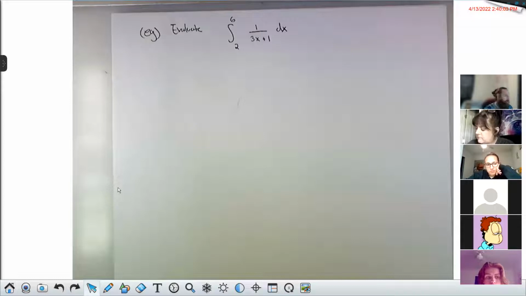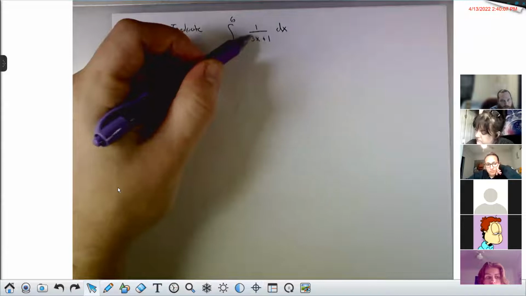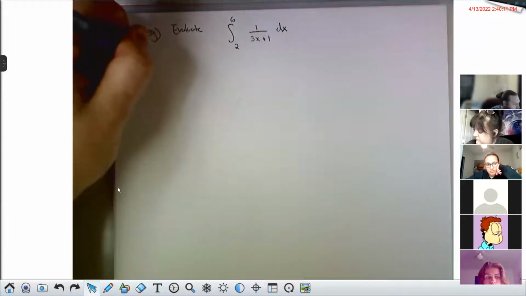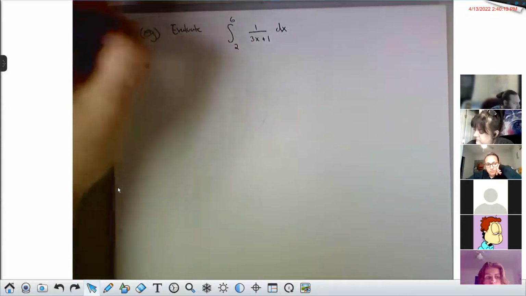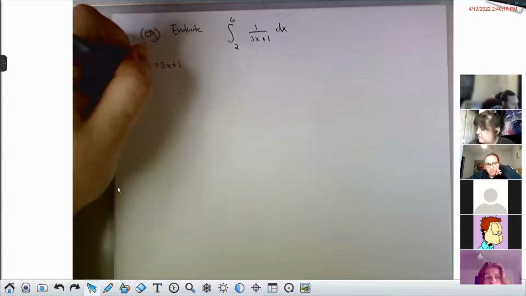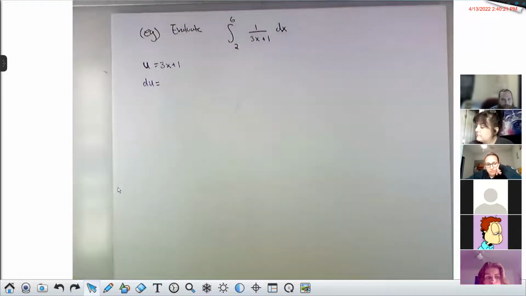Very good. Yeah, I'm thinking of the outer function as being like 1 over u, and the inner function is the 3x plus 1. So I'd sub, oh, my pen died. U equals 3x plus 1. What is du going to be?